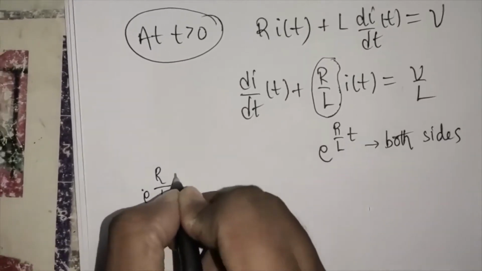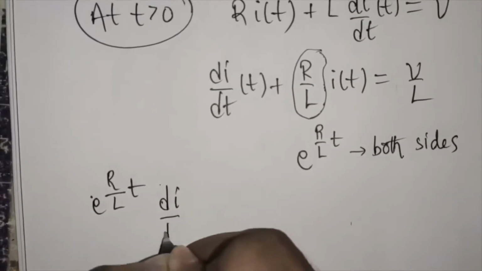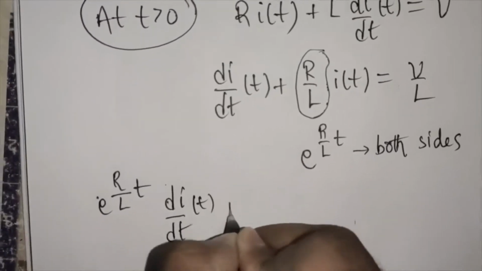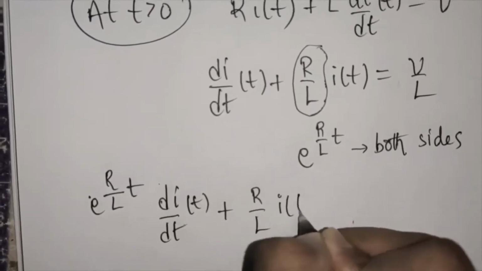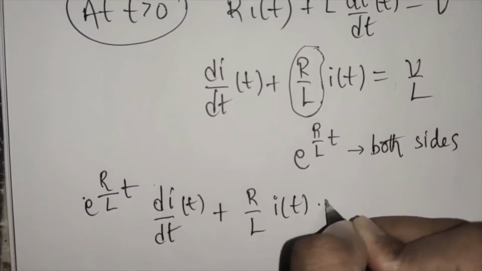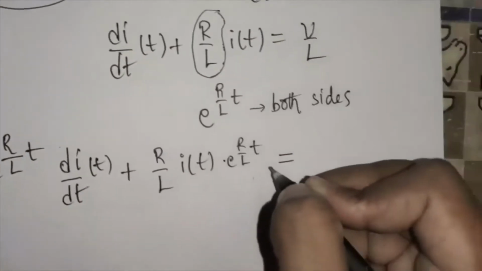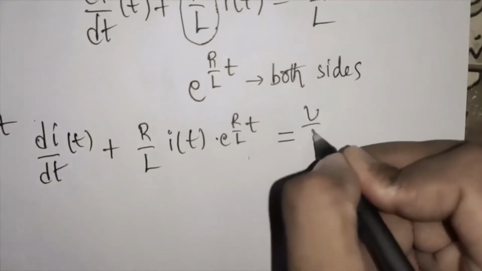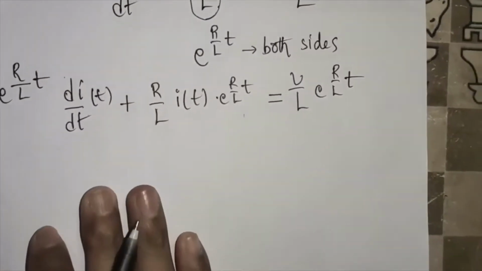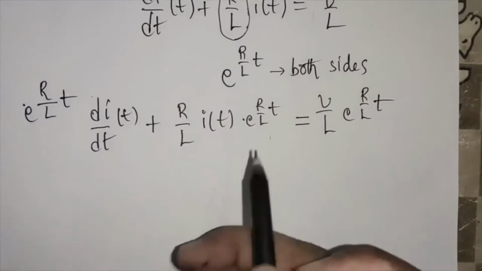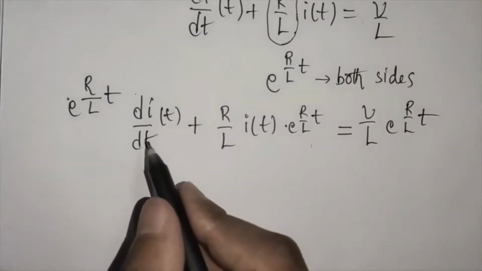If I multiply e power R by L into t on both sides, I will get e power R by L into t into di by dt plus R by L into I of t into e power R by L into t is equal to V by L into e power R by L into t. Again, this expression is in the form of UV formula.